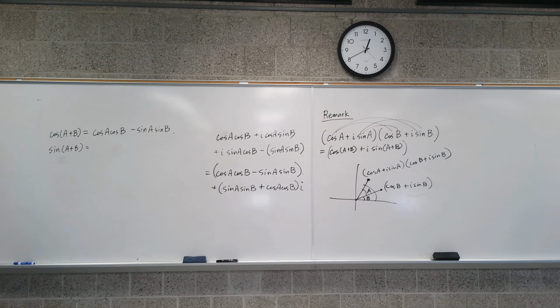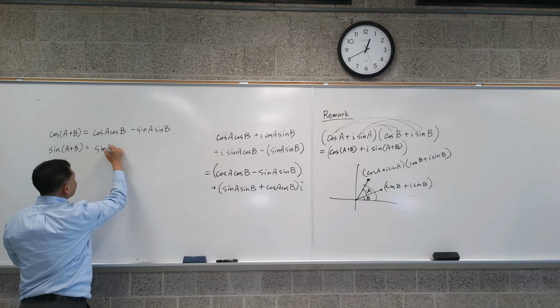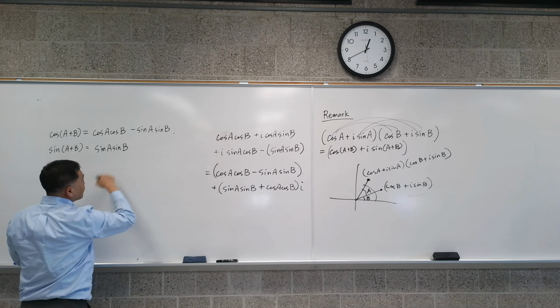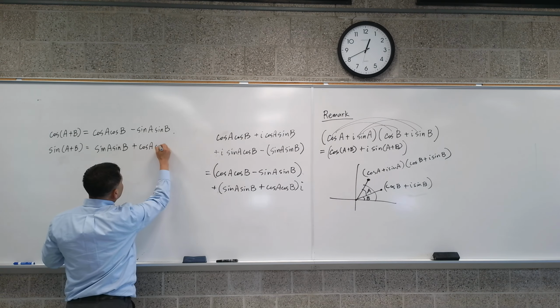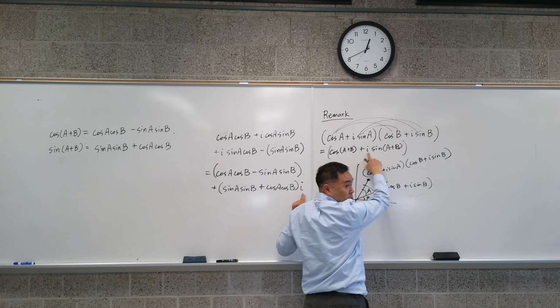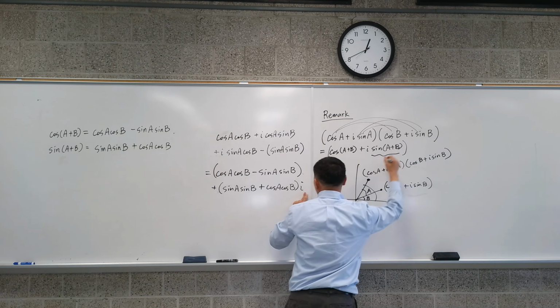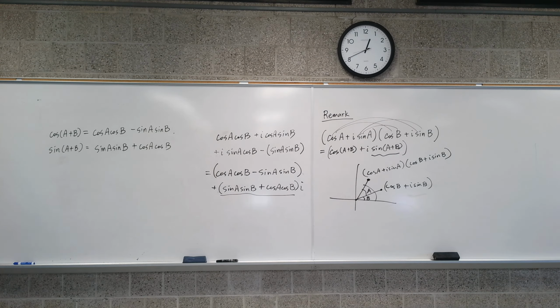Does someone else try? Sine A sine B plus cosine A cosine B I. No. If this one has I, that one also has I, so they are matched. So this portion should equal this portion, right? Yeah, so there's no I there. Oops.